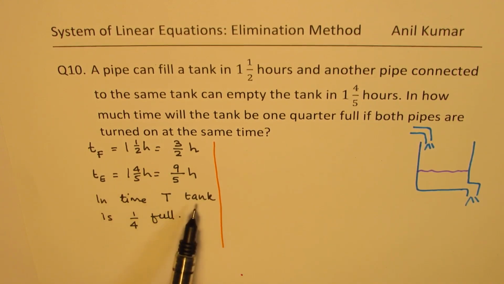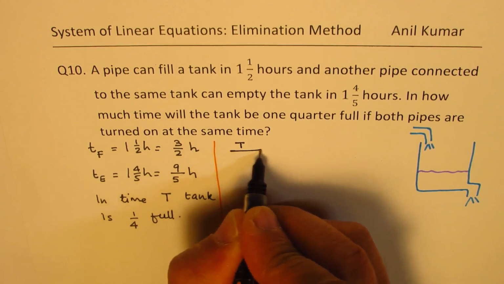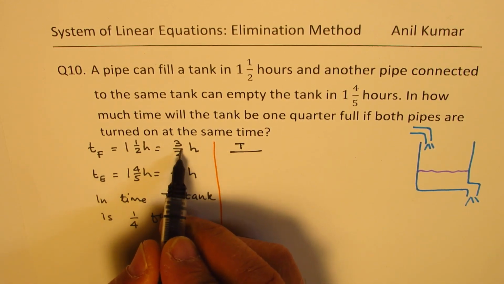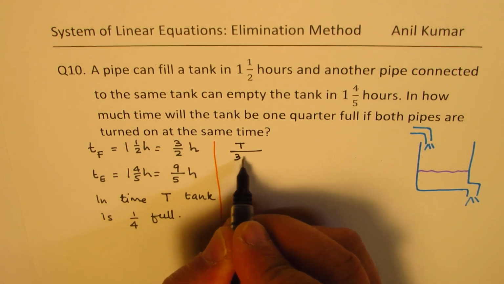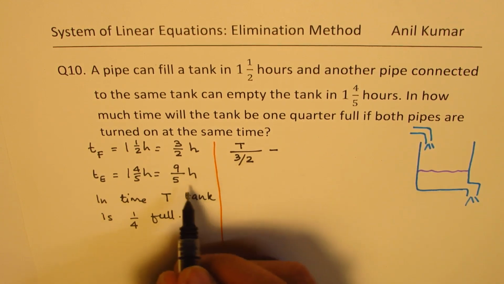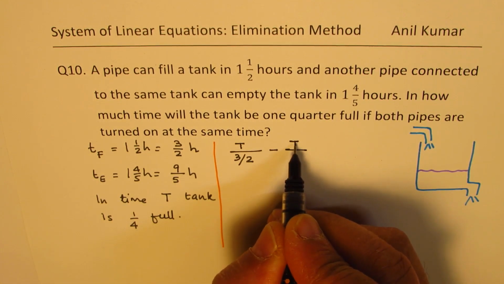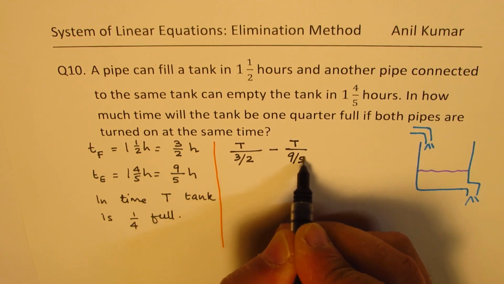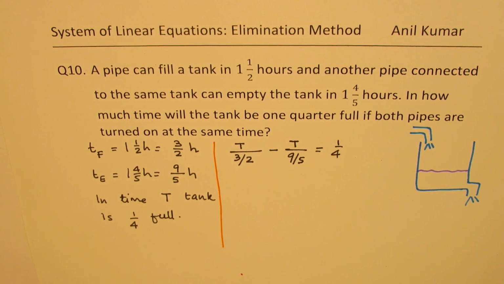If T is the total time taken, then the equation becomes total time divided by the time taken to fill the whole tank, which is 3/2. Since this is to empty, that one will be negative. It works for the same time T and gets 9/5, and the result is 1/4 of the whole. Correct? So that is how you get your equation, right?